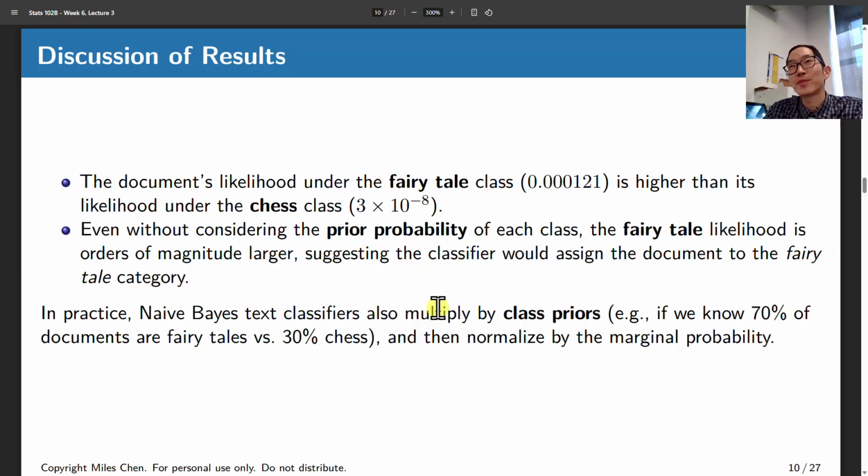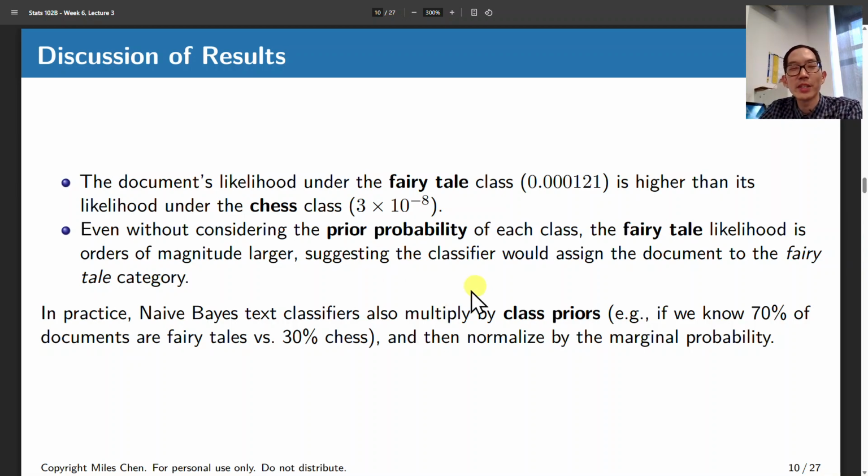And so, for a true naive Bayes classifier, we would multiply by the prior probabilities, calculate the marginal probability, and then calculate our posteriors.